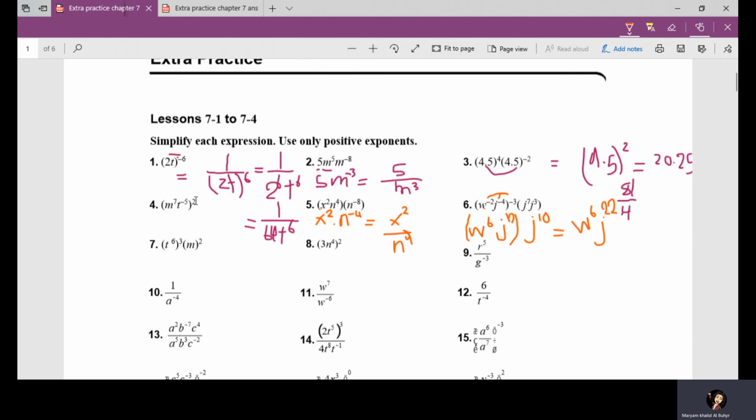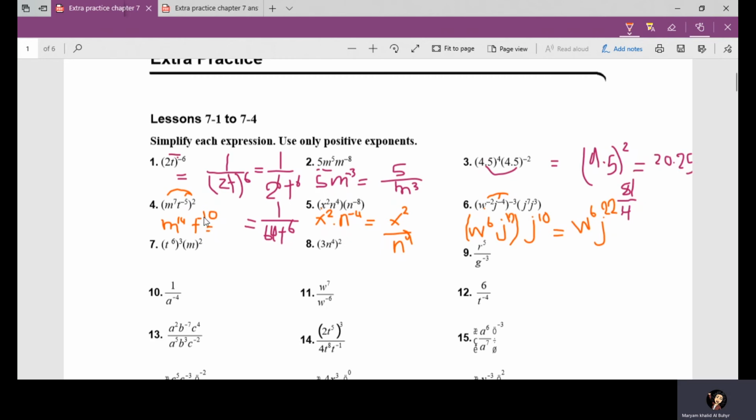Next, I'm going to do this one. If you have something like this, distribute your power. So m to the power 7 times 2, it's 14. T to the power negative 5 times 2, it's t to the power negative 10. So do your organization for this one.